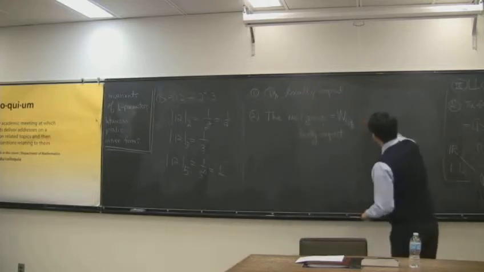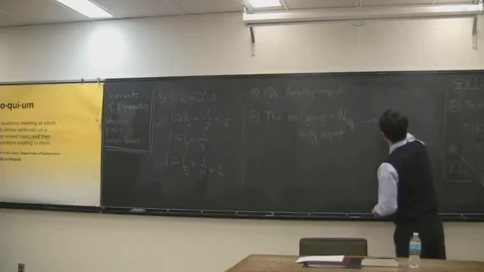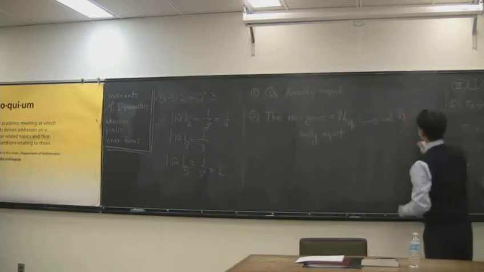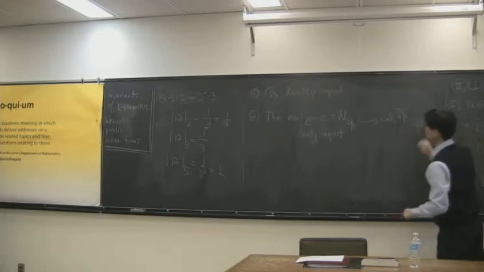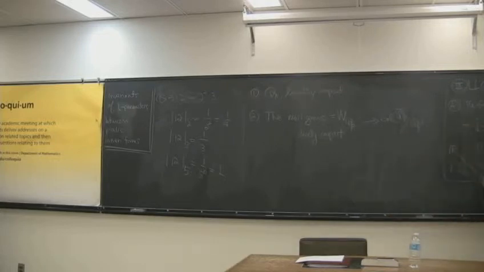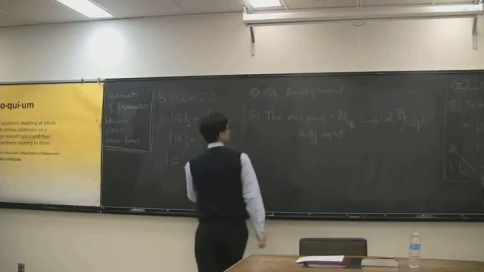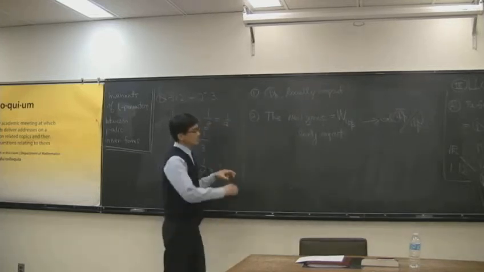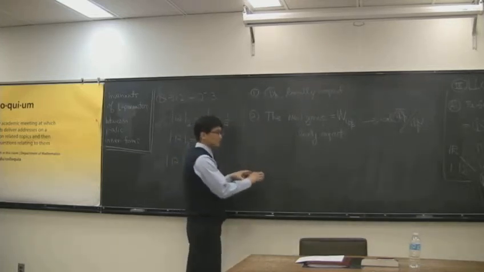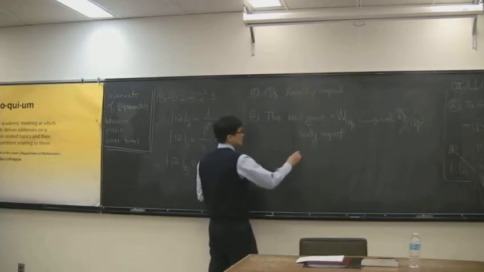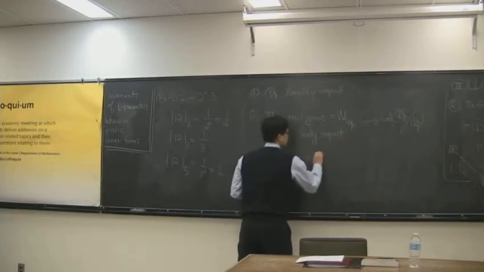Also, this has a dense image inside the absolute Galois group. The absolute Galois group means the Galois group of the algebraic closure of Q_p over Q_p. Moreover, W_{Q_p} sits in the following exact sequence.